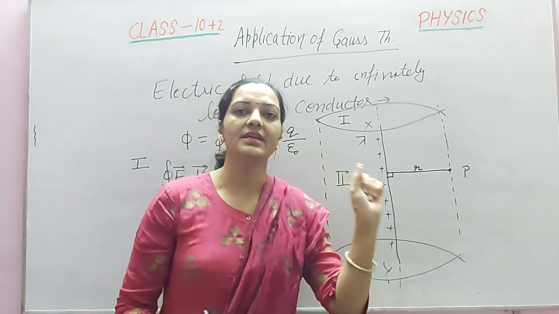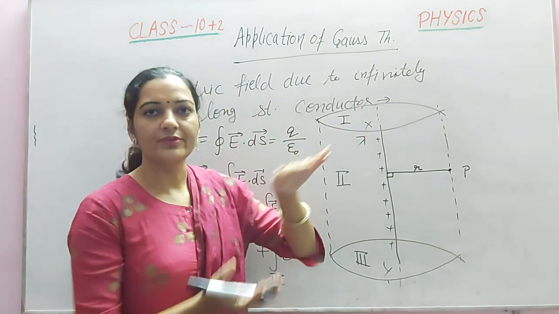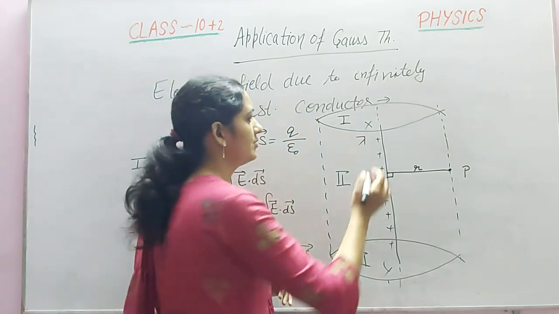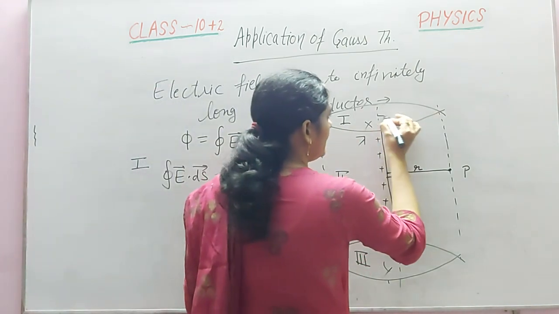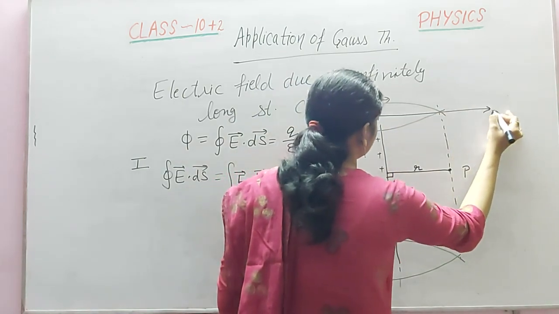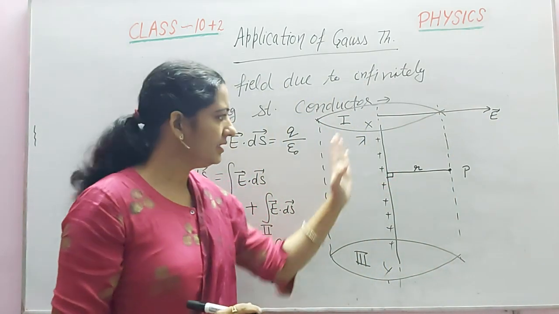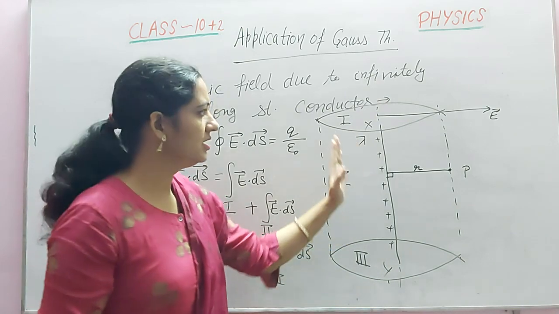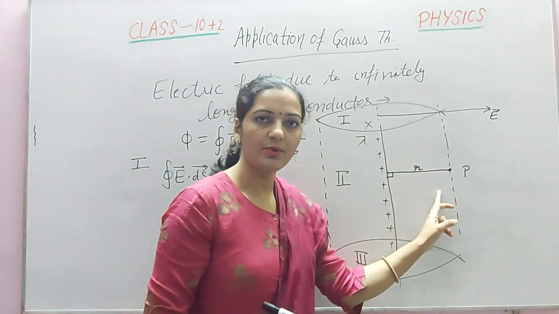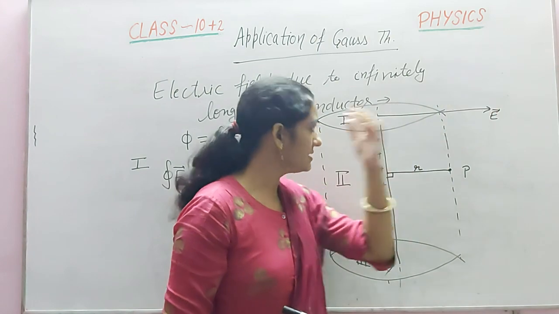What is the angle between E and ds in case of surface 1, the upper circular surface? Now E is in this direction. Clear to everyone? Away from the positive charge. Okay, because we are talking about P on this side, so E is on this side.